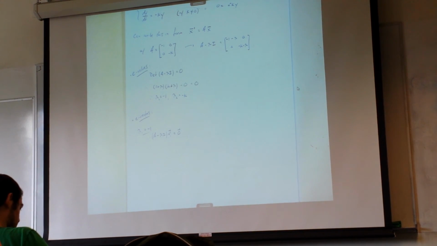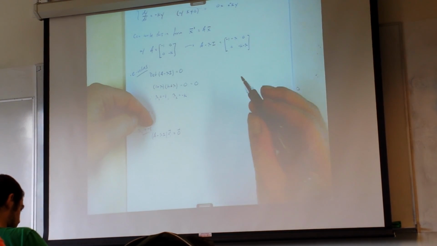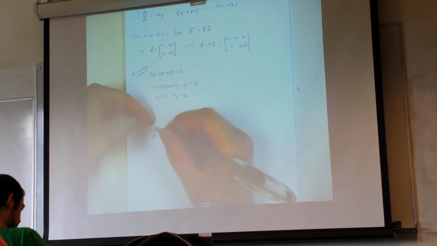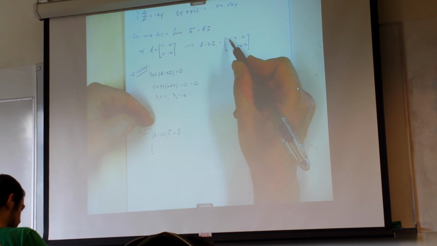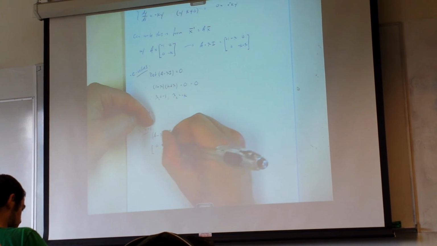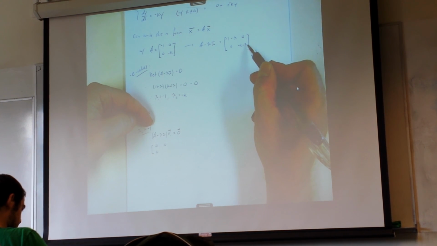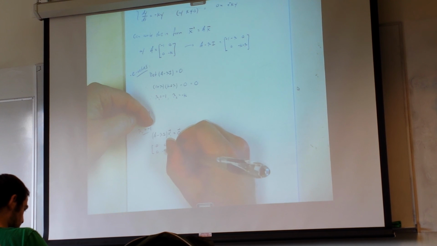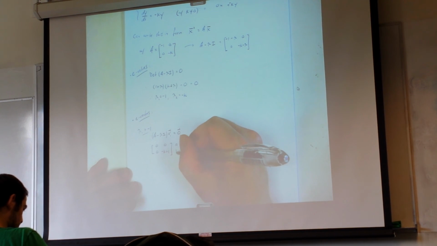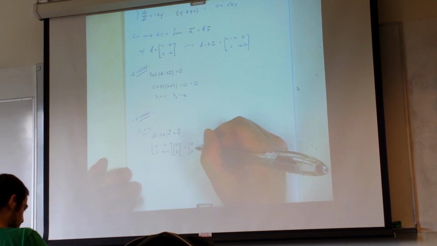So A minus lambda I, what does that look like when lambda is negative 1? 0, 0, 0, and negative k minus negative 1, that's negative k plus 1. And I'm just going to call the components a and b, and we get the 0 vector.